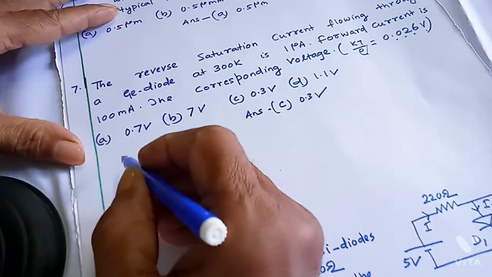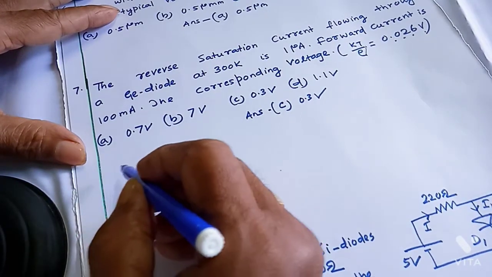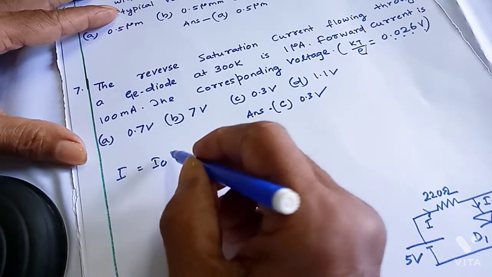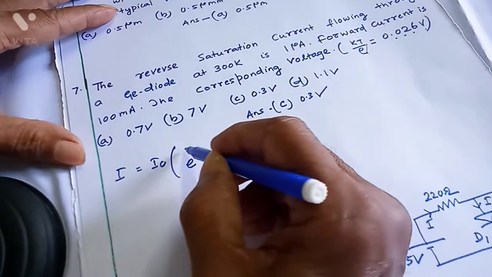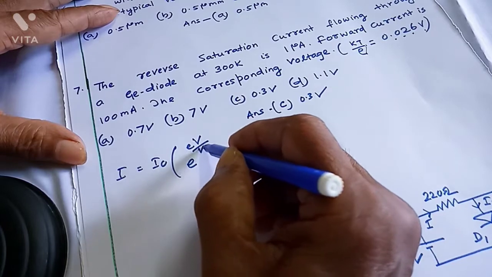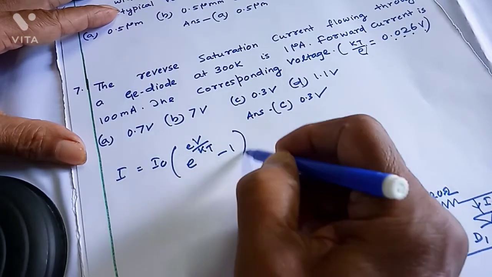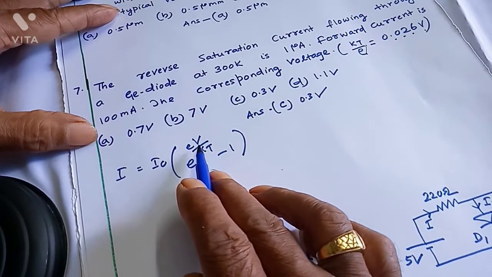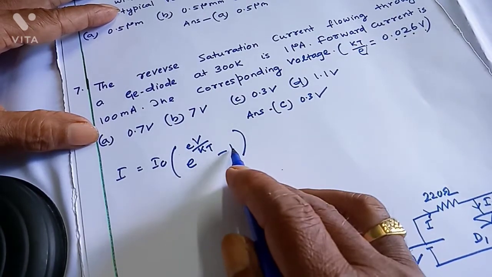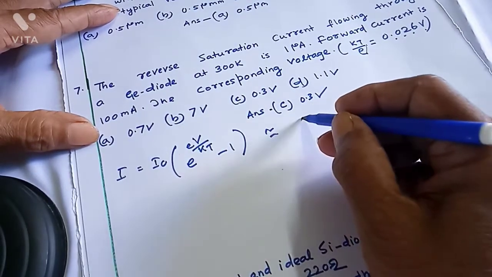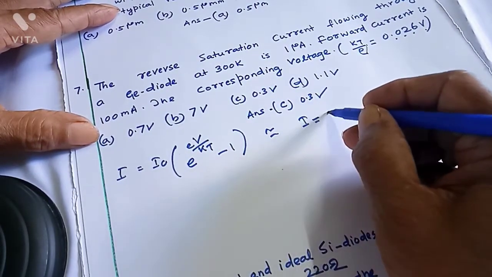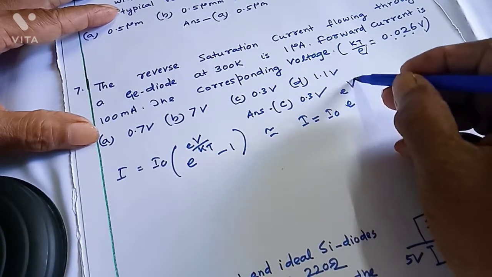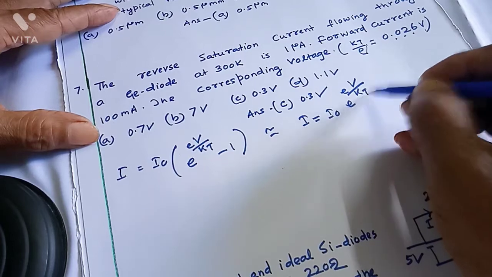Now we shall use the diode equation, that is I equal to I0 e to the power EV by KT minus 1. Now for an appreciably large value of V, we can neglect 1. So this becomes I equal to I0 e to the power EV by KT.